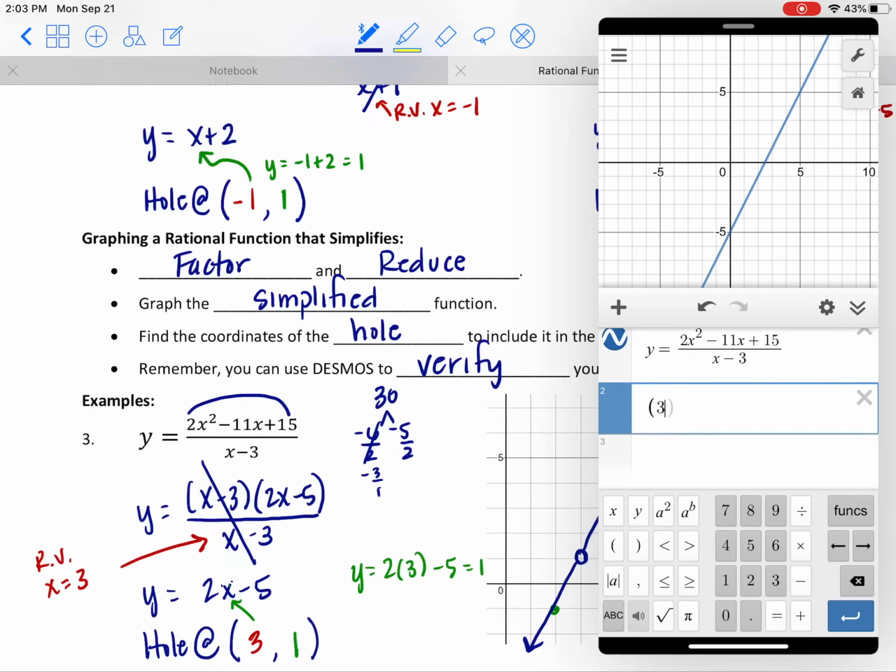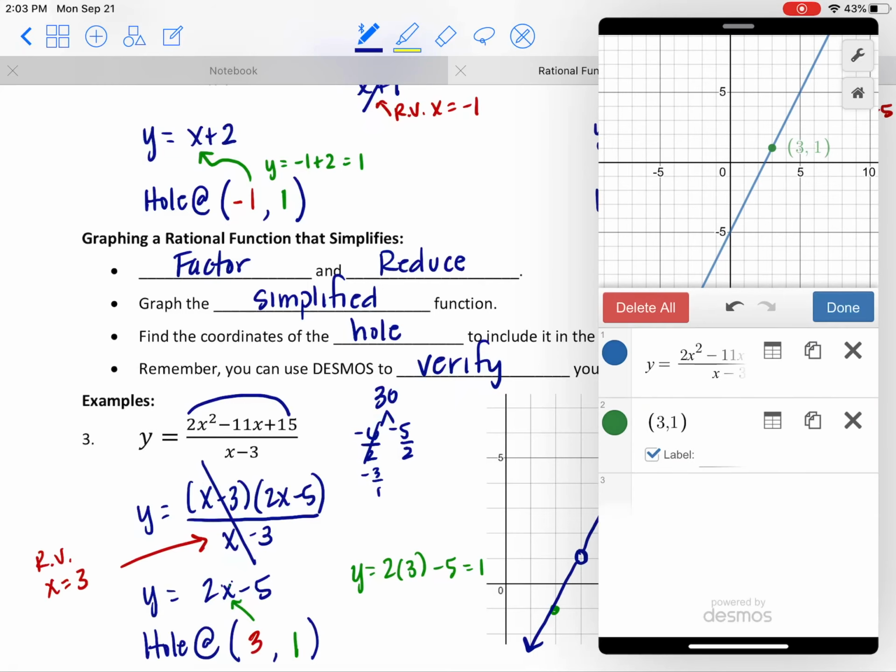So I'm going to type in the coordinates for the hole. (3, 1), and that looks correct on the graph there, and I want to label it, but I want to show it as a hole. So I'm going to press the settings button, change this to an open circle, and I want to make it blue just so that it matches. A screenshot of that entire thing, the graph, the function, the hole, all of it is what I want to see in your submission for your practice.